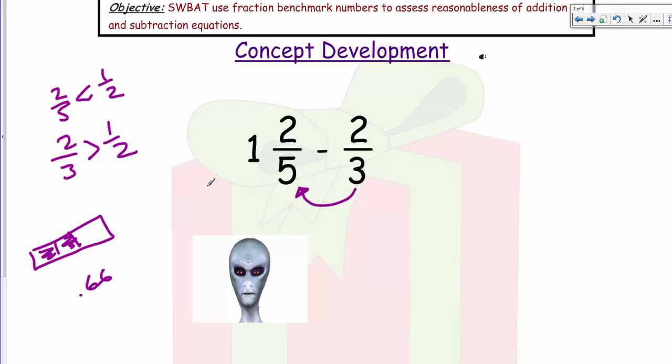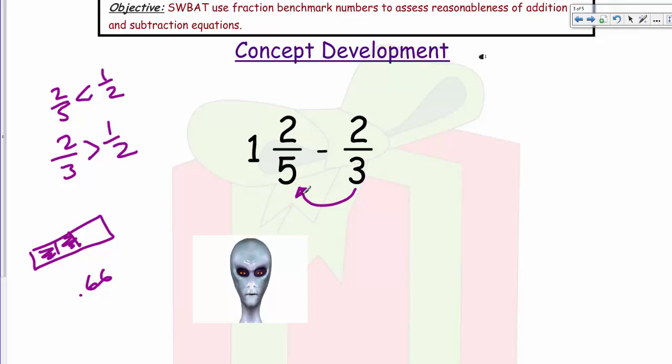Okay, so then the question becomes, is the value of this expression, when we subtract 2/3 from 1 and 2/5, going to be greater than 1 or less than 1?